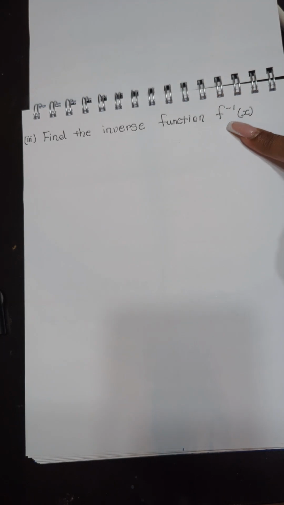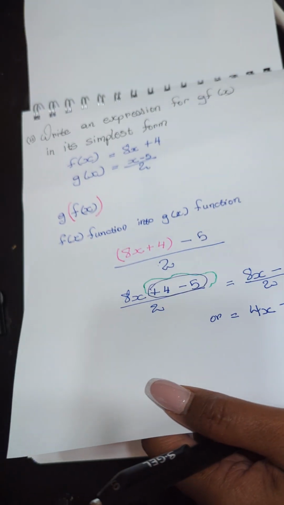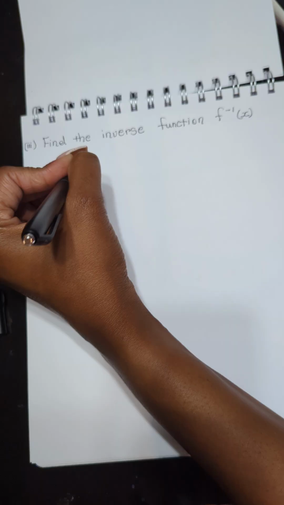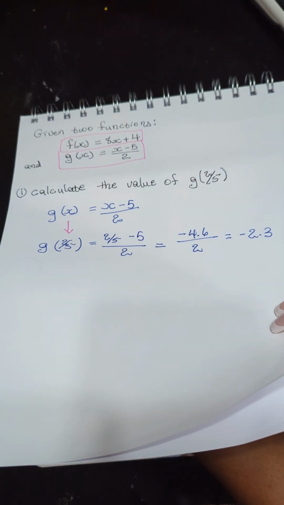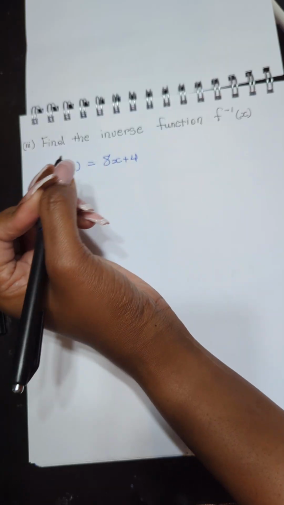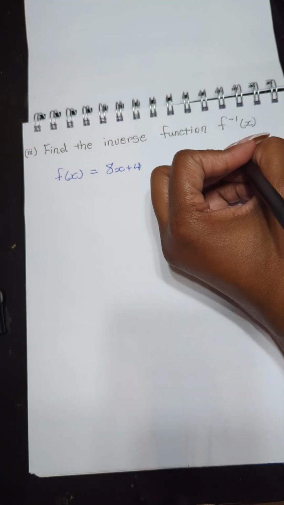Okay. And the last part is going to ask us to find the inverse of the function f, for f inverse of x. So let me rewrite what f of x is. So f of x is equal to 8x plus 4. Okay. So there's a process a professor taught me. It's called LIT.